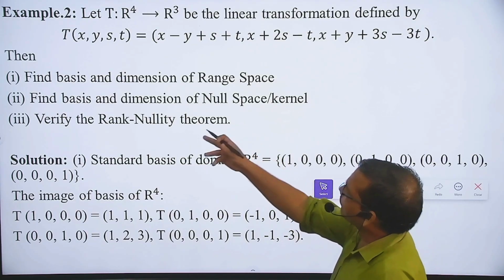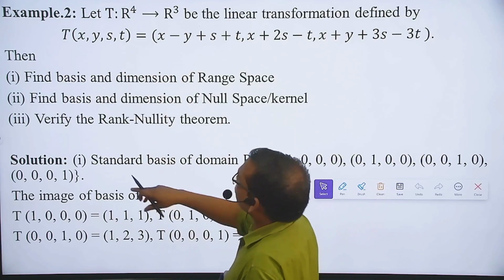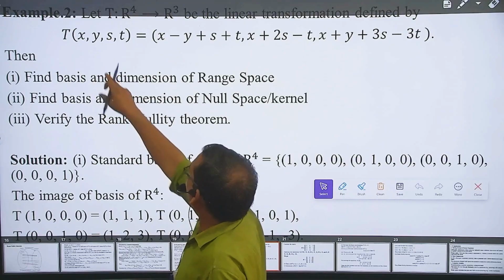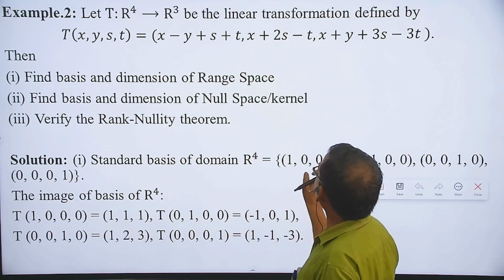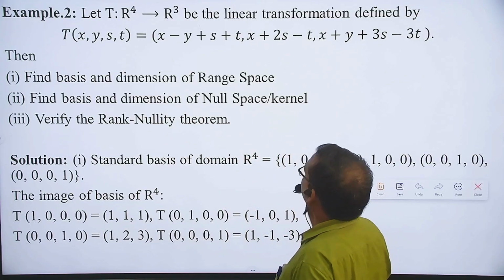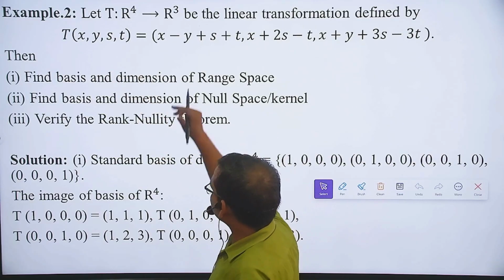Since our transformation is given as T(x, y, s, t), we put 1 at the place of x, and 0 at the places of y, s, and t.